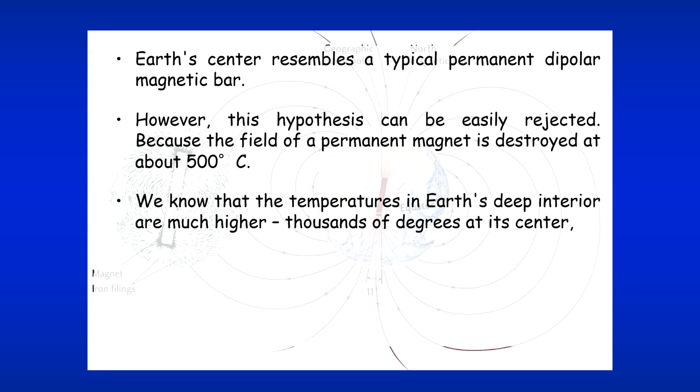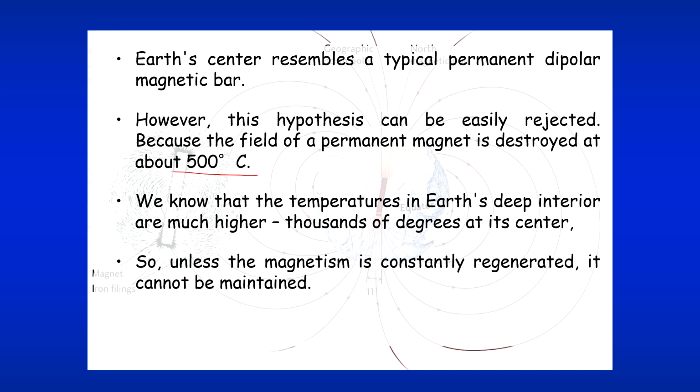So the question remains: at 500 degrees all magnets will be destroyed, so how is this layer keeping itself producing the magnetic field? Unless the magnetism is constantly generated, that means destroyed and generated again and again, it cannot be maintained.